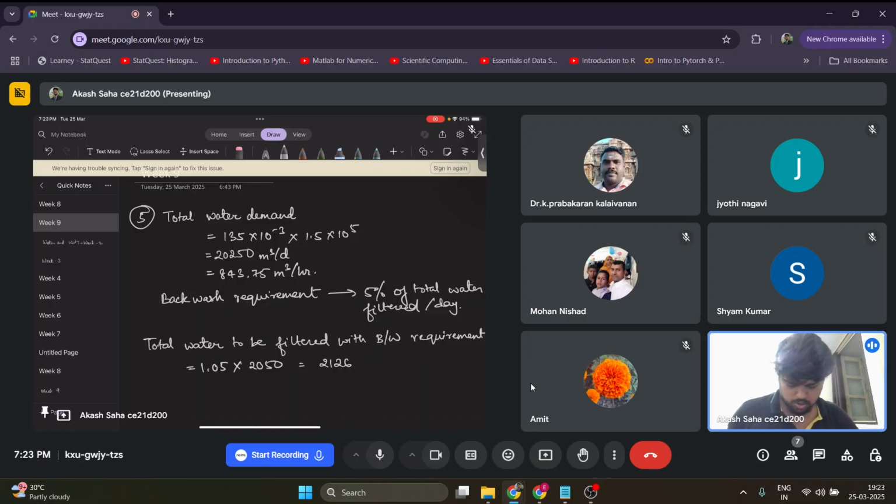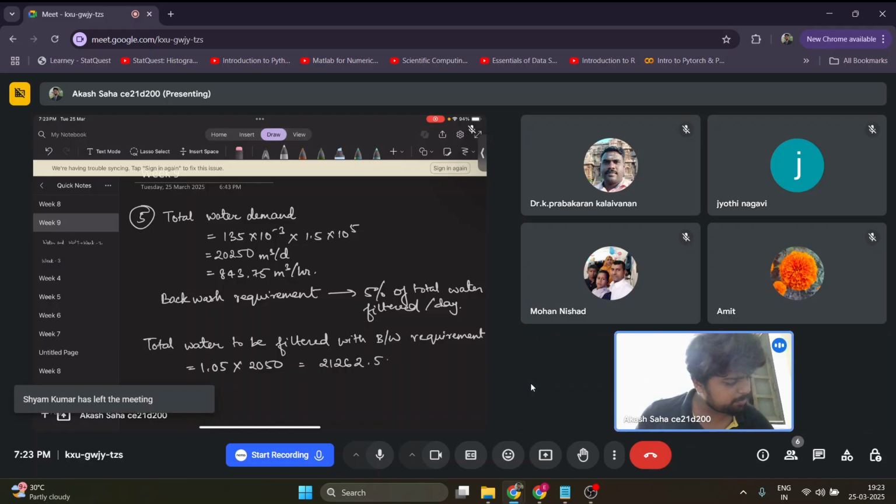So here we will get it as 21262.5 meter cube per day, or 885.9375 meter cube per hour.